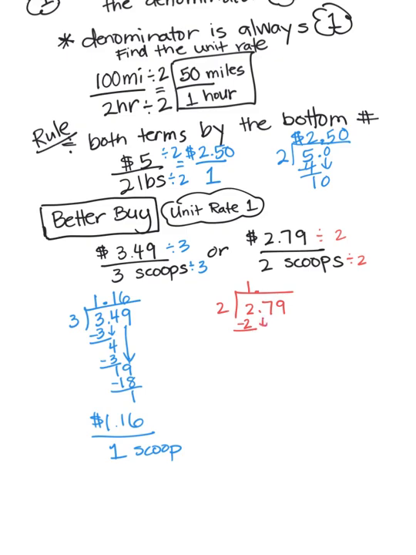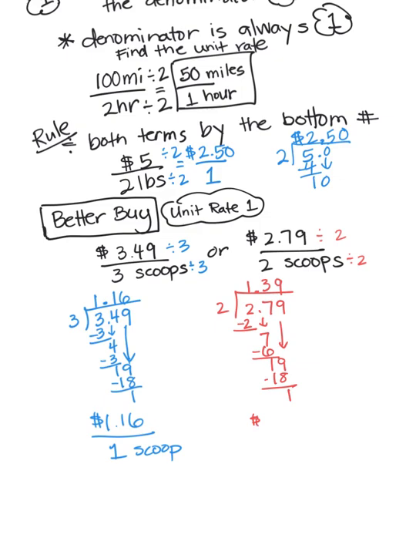I'm going to bring down my 7. 2 goes into 7 3 times. 3 times 2 is 6, and I'm going to subtract. 7 minus 6 is 1. I'm going to bring down my 9. And then 2 goes into 19. The closest I can get is 9. 9 times 2 is 18, and I have a 1 left over. I'm going to stop there because once again, I am dealing with money, and so I can stop in the hundredths place. And I can already see which one is the better buy.